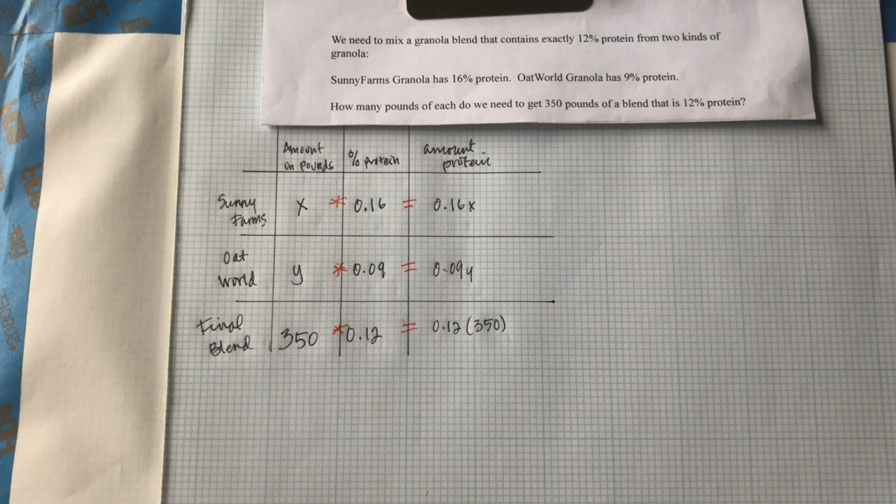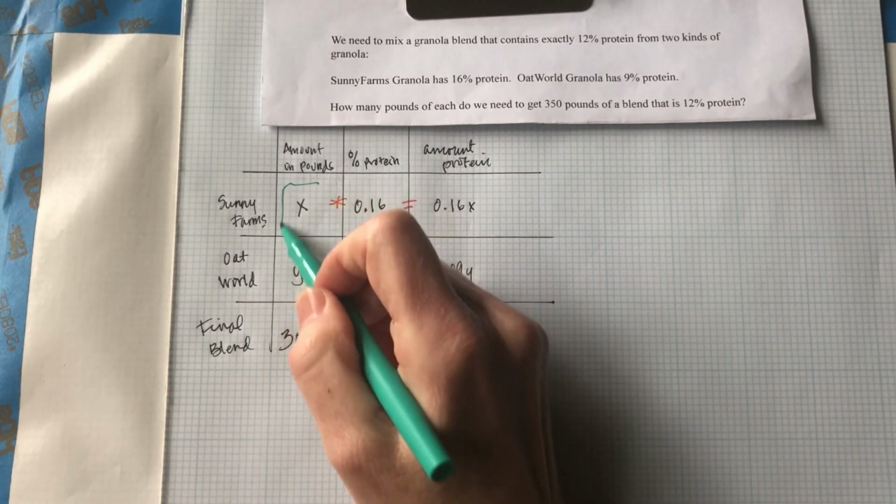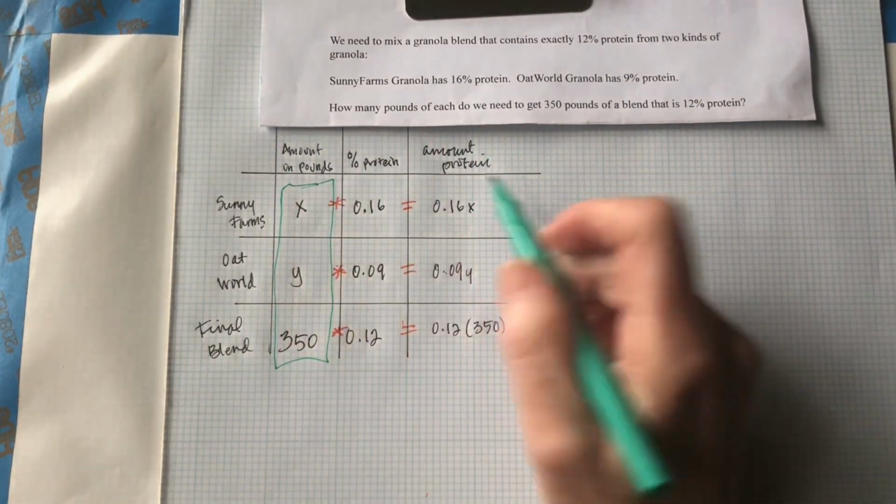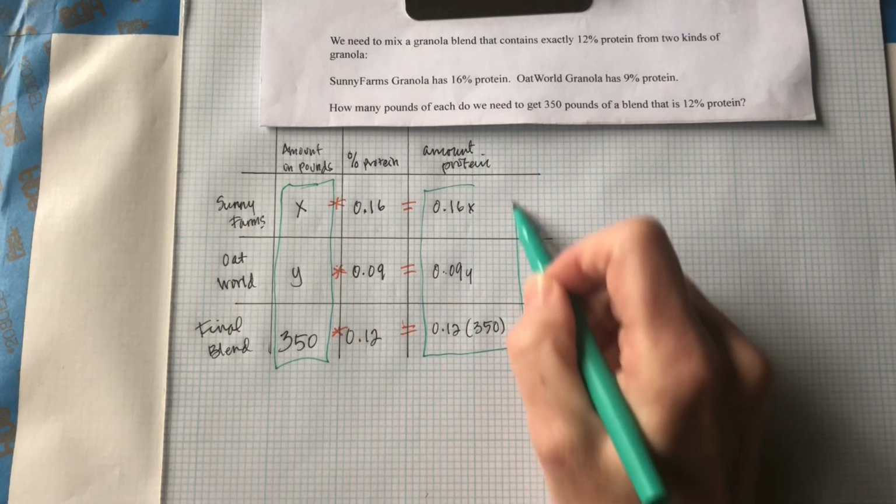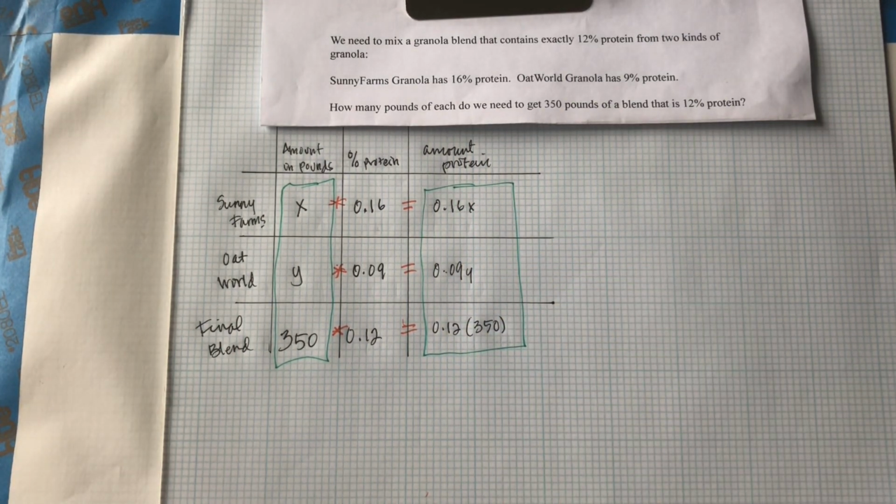We're almost ready to do equations. So what we're going to focus on now is these two columns. This one here and this one here. So we know we have to get two equations to be able to solve this because we've got two variables. You have to have the same number of equations as you have variables in order to solve one of these.